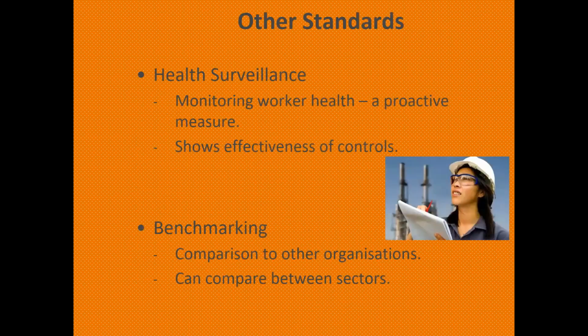Other standards, health surveillance. Health surveillance is the record of workers' health, how they are. It's a proactive measure, like before anything goes wrong, we ensure that all the workers are in good health. We hire a male nurse, we hire a first aider, we hire an approved physician. He visits the workplace and checks the blood pressure, sugar, heartbeat, and all medical history.